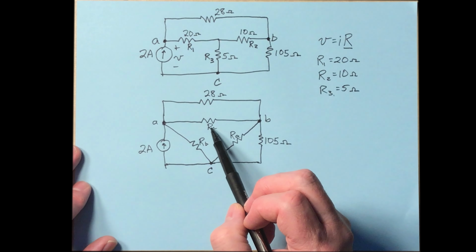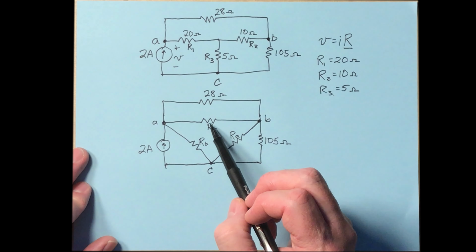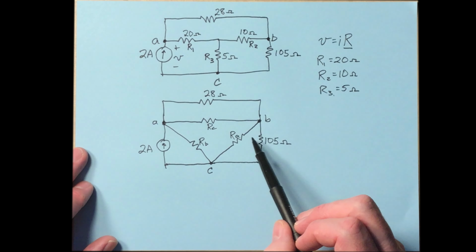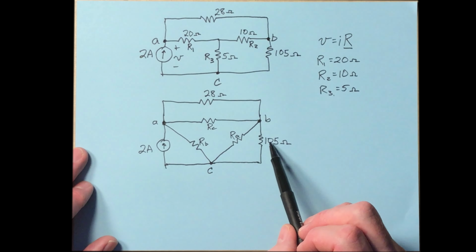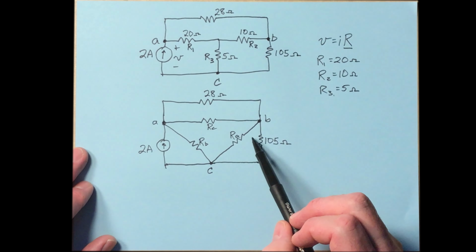For example, R sub C and the 28 ohm are now in parallel with each other. Something else over here, the 105 and R sub A are in parallel with each other as well now. So we could combine those.